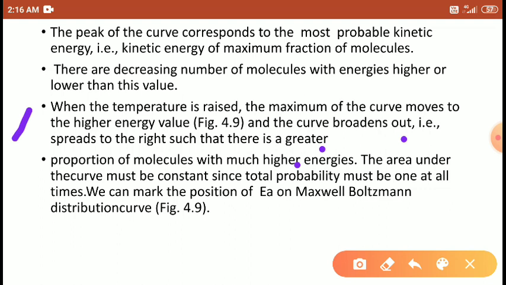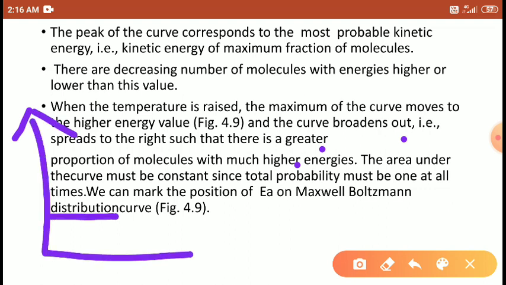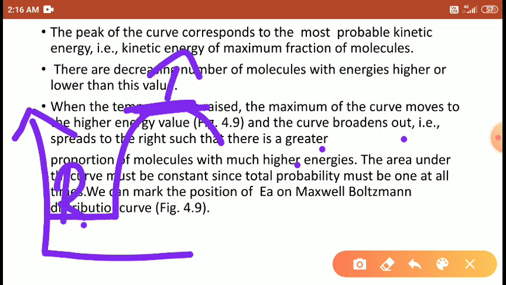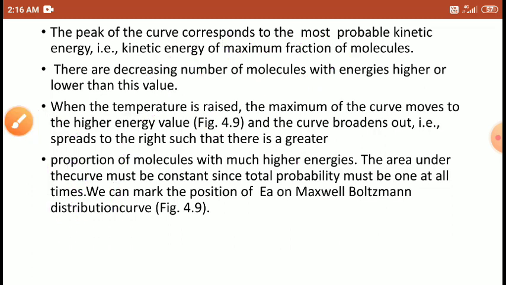Since the area under the curve must remain constant, the total probability must be 1 at all times.